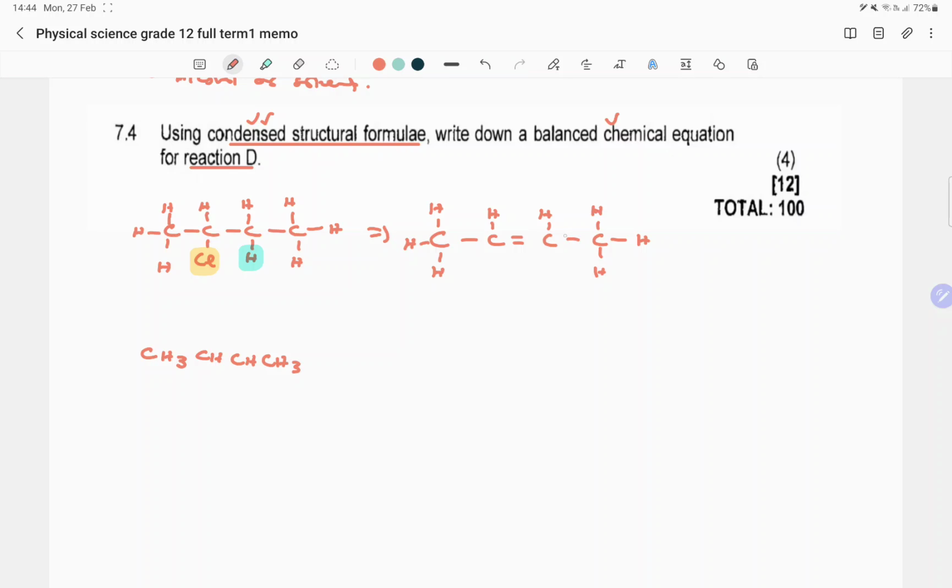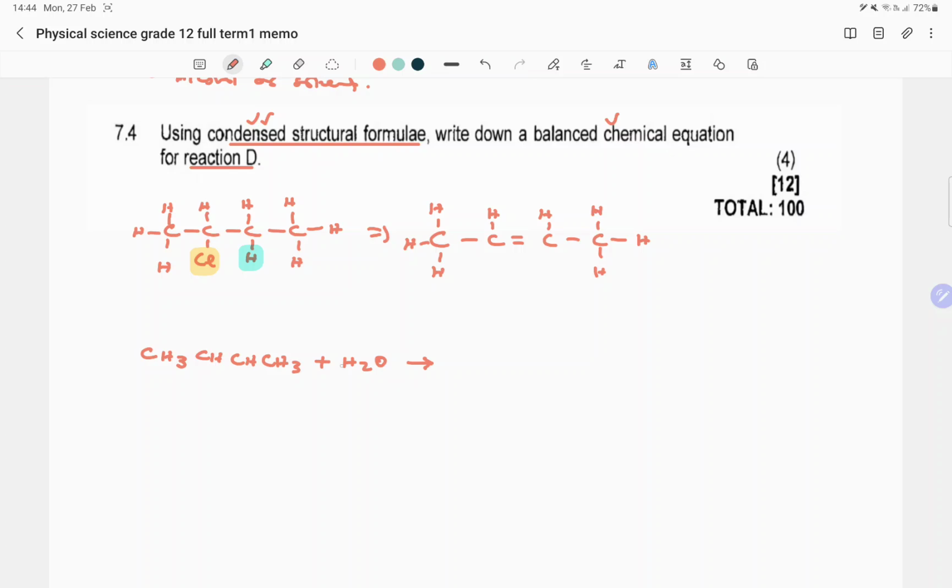So we still have the same setup. And then we're just going to add water. Water is an inorganic compound. So inorganic compounds, you don't have to show the structure, because structural formulae in organic chemistry, they only apply to the organic compounds. So don't worry about the organic compound in terms of a structural formula. And then we're going to go on to form something.